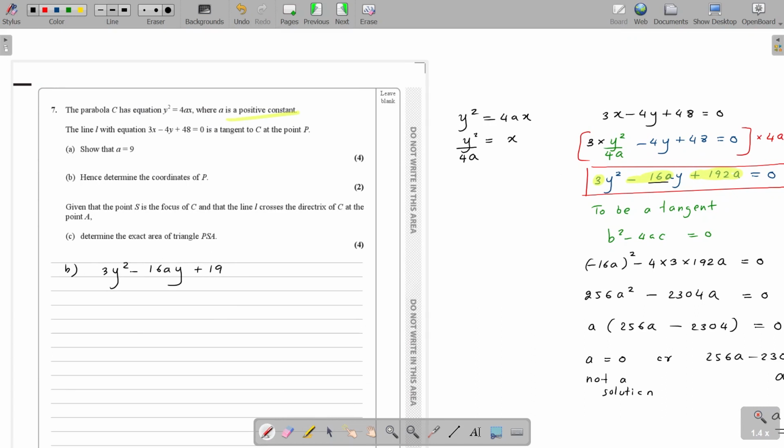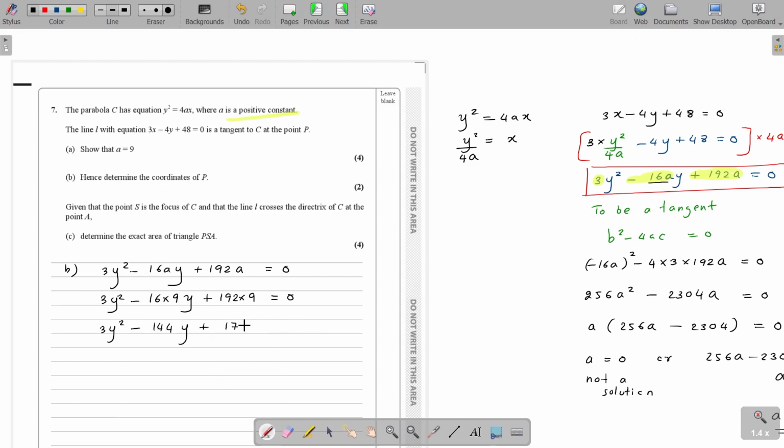Replace first the a value. 16 times a is 9 plus 192 times a is 9. 3y square, 16 times 9 is 144y. 192 times 9, 1728.